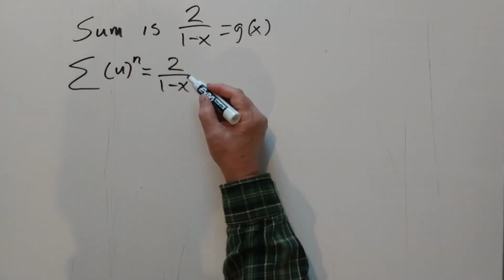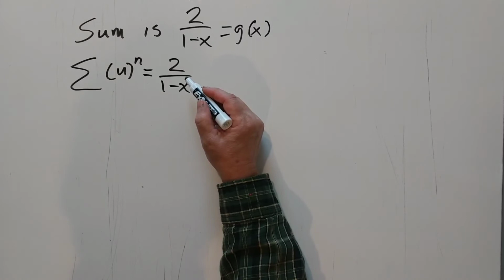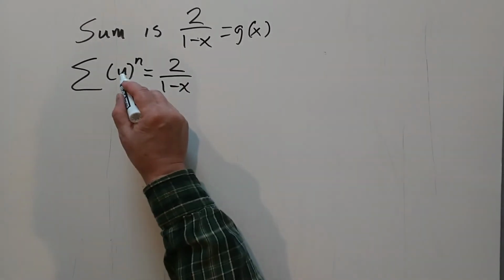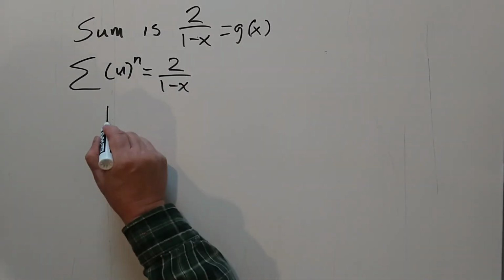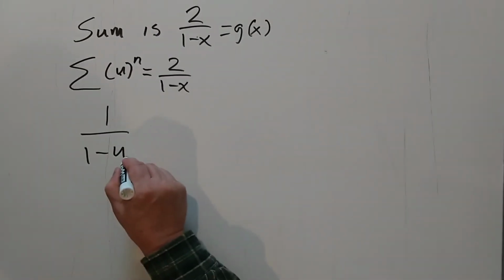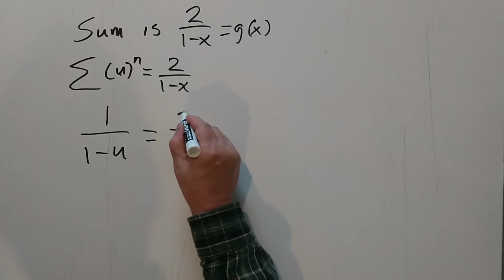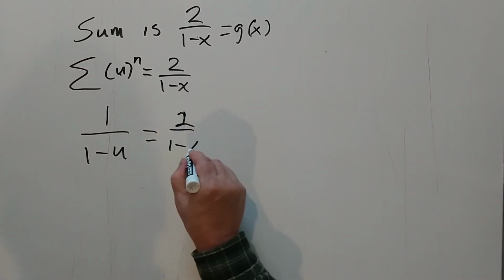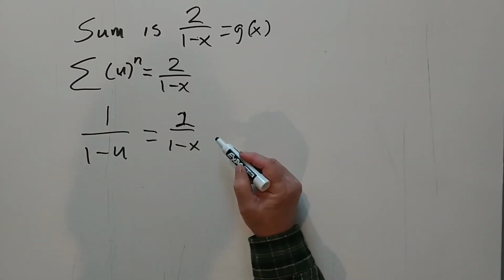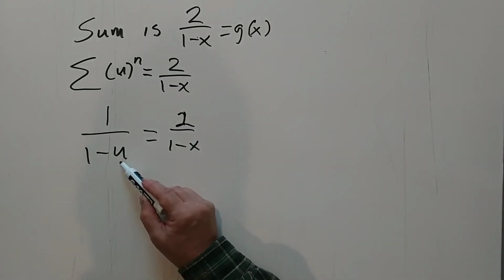So we're going to say the sum for u is 1 over 1 minus u, and that has to equal 2 over 1 minus x. We will solve this to find the expression for u.